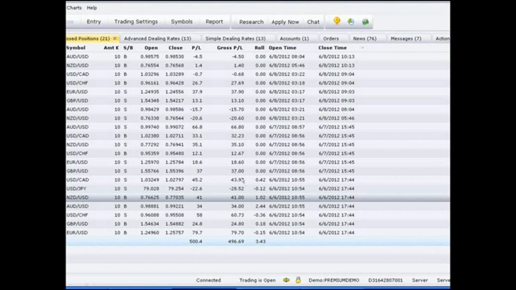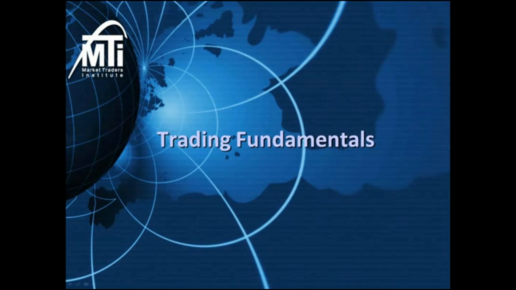It netted on 6/7, 37 pips GBP, 18 pips Euro, 12 pips Swiss, 35 pips New Zealand dollar, 32 pips Canadian, 66 Australian dollar, and that came out to a little over 200 pips. Just that move.